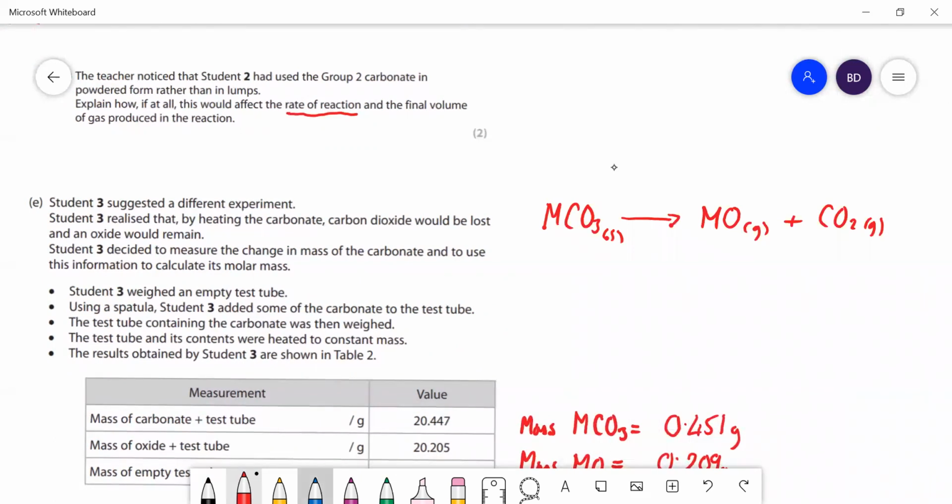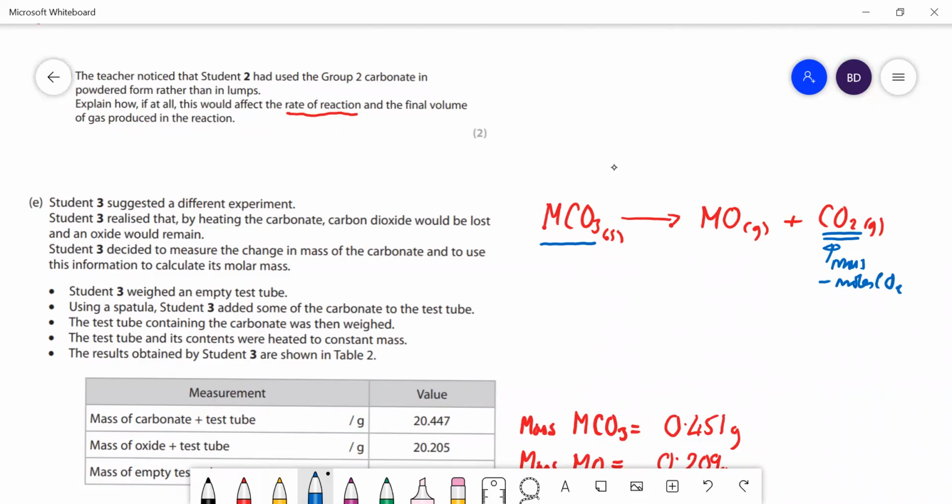So the mass is going to drop because you start off with the carbonate, and all the mass you lose is due to the carbon dioxide, which has been liberated. So if you know the mass of carbon dioxide, that's the mass lost, you can work out the moles of carbon dioxide from that.